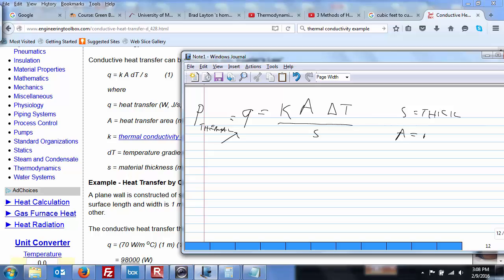A is the area. Again, that's a geometry issue. The delta T, that's temp. You can think of that as a physics parameter. And then K, that's the thermal conductivity. Yep, the thermcon. And that's a material constant.